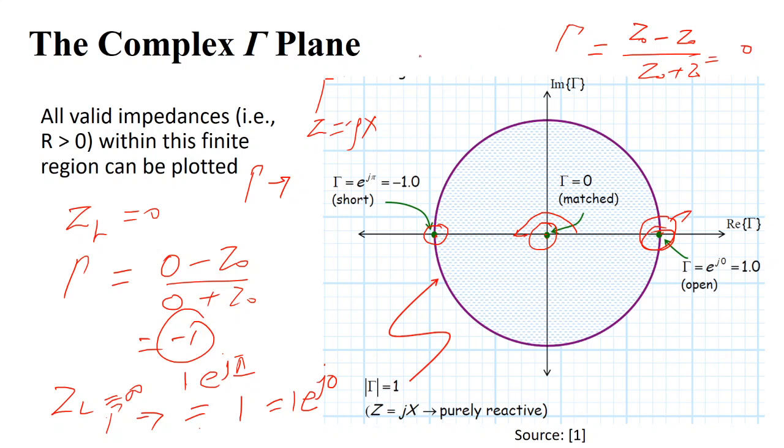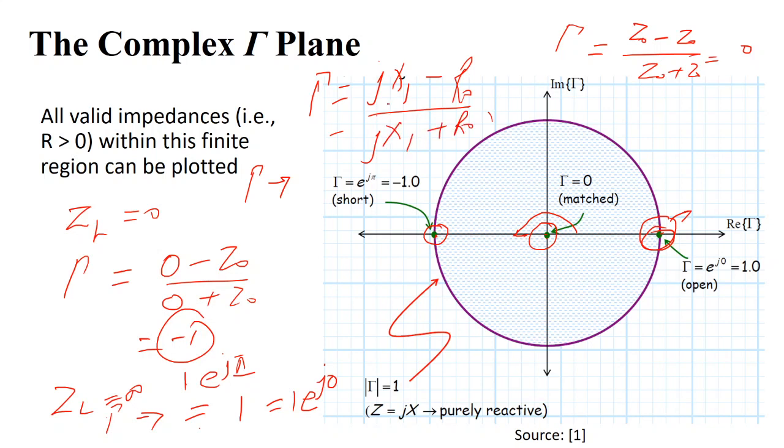Let me find it here, for example. So what is gamma? Gamma in this case will be jX1 minus Z naught, where Z naught is a real quantity. Let us put it as R naught. Similarly, the denominator will be jX1 plus R naught.